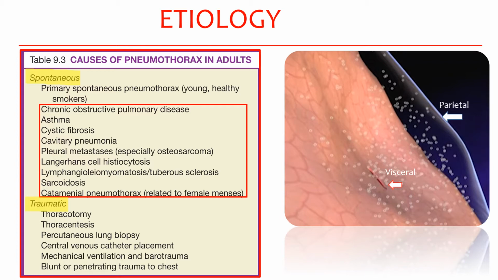Small air entry can be observed in the pleural cavity after thoracentesis, but these are normally not very big and they seal by themselves. And trauma is another important cause.